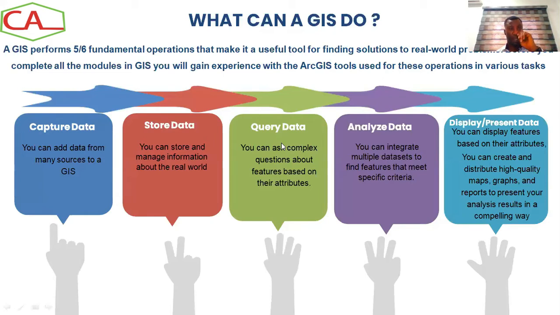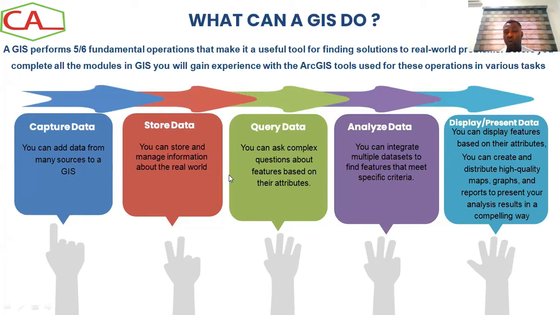Then we say, what can GIS actually do for us? GIS does about 5 to 6 functions. These are fundamental things GIS can do. We can use it to capture data through different sources. You can store your data, and the data you store are retrievable. You can query your data. You can ask many questions, some complex questions, based on the attributes. You can analyze your data.